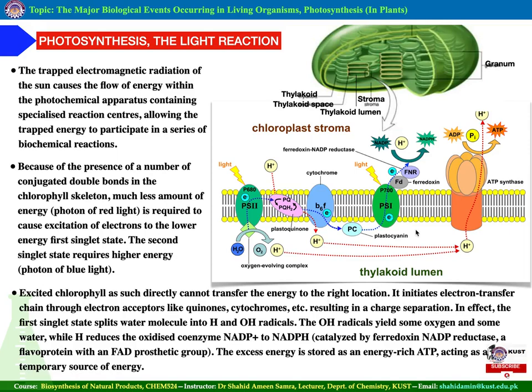Rather, it initiates the electron transport chain that we have talked about, and this whole system works in coordination, and as a result we ultimately get dissociation of the water molecule into oxygen and protons, and formation of NADPH, as well as formation of the energy-rich molecule ATP.